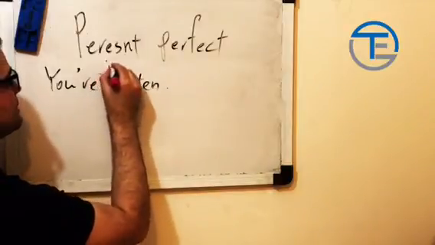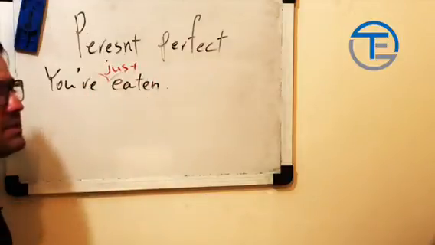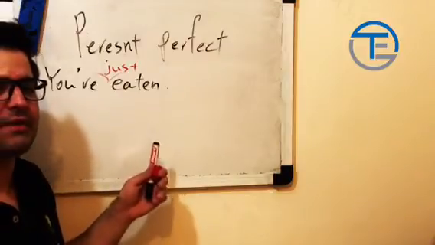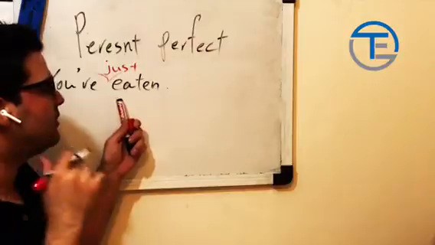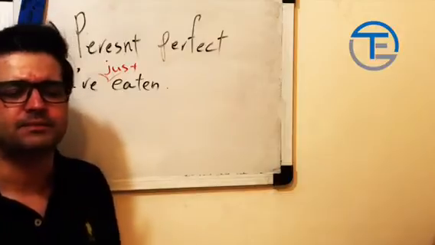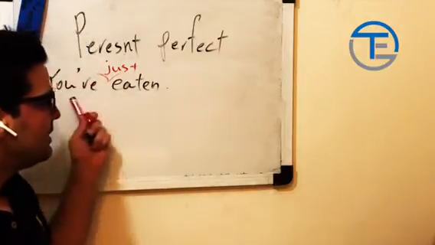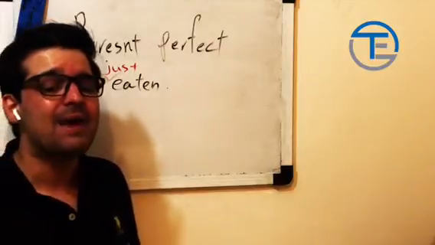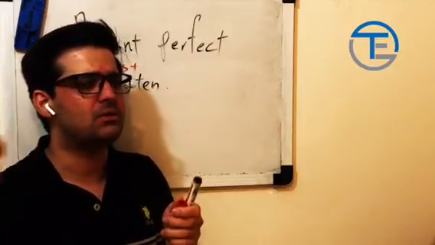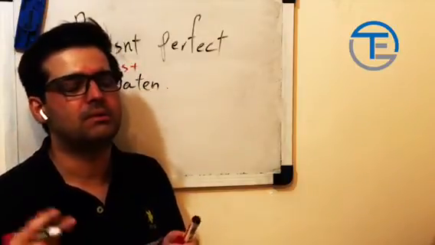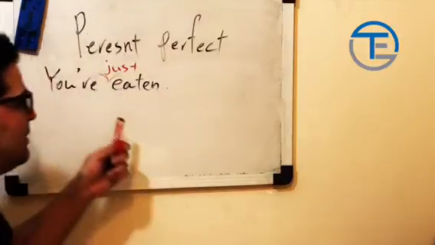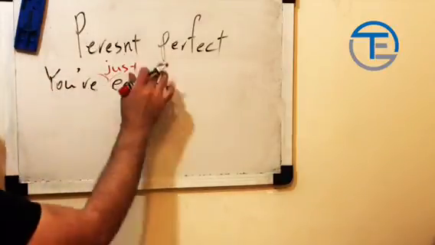If you want to write just, you can say, you've just eaten. If you write just before the past participle, it means this action happened recently. Maybe yesterday, maybe two days ago, maybe last week. It recently happened because I use just in my present perfect.